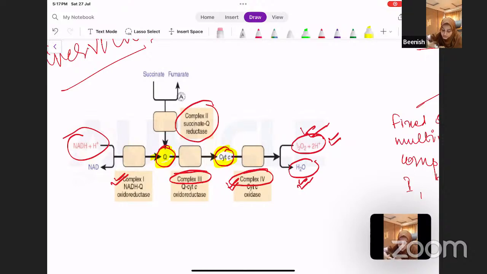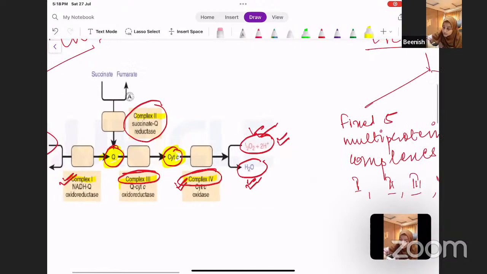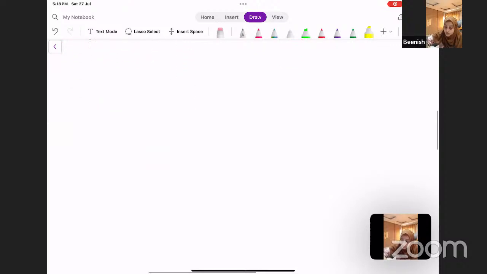So your coenzyme Q and cytochrome C are mobile carriers, and the rest, your complex 1, 2, 3, 4, and 5, are all fixed in the inner mitochondrial membrane. Okay. Now we're going to talk about the individual complexes one by one. So taking up complex 1.